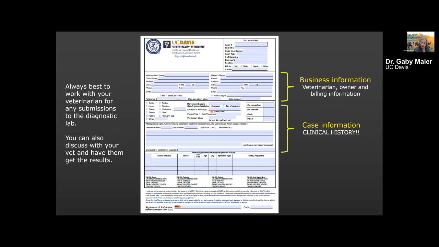You should, if possible, fill in this information as well: where the animal is located, what production class it is, if it's beef or dairy. And then also the animal and test information. If it is a dead animal that you want to submit for necropsy, you would put in the animal ID, what breed it is, male or female, and the age.